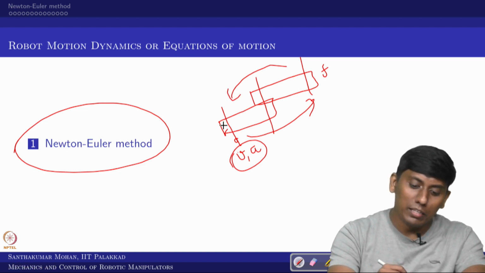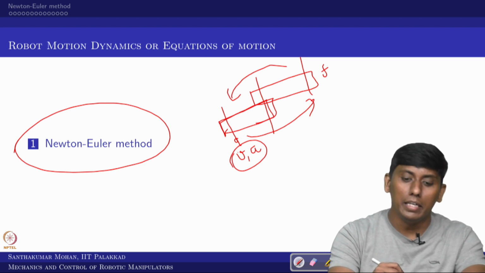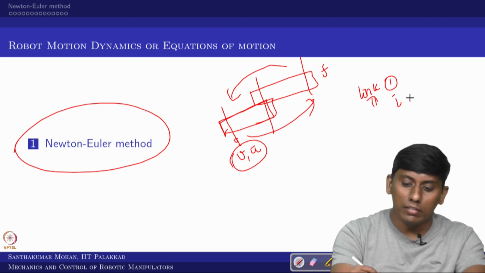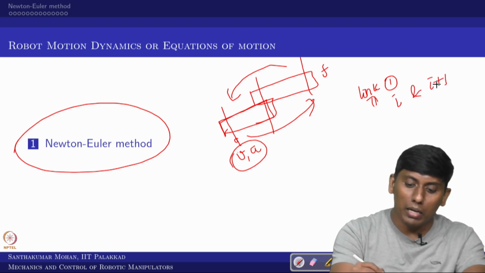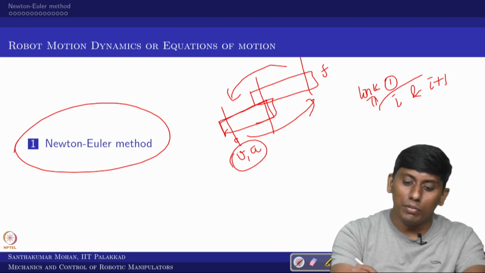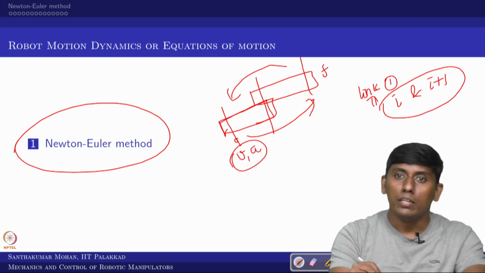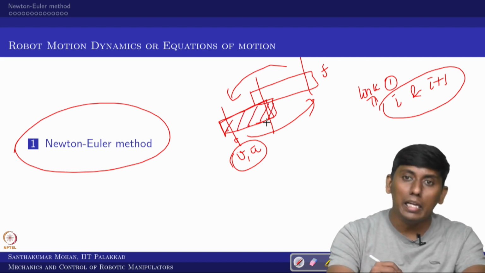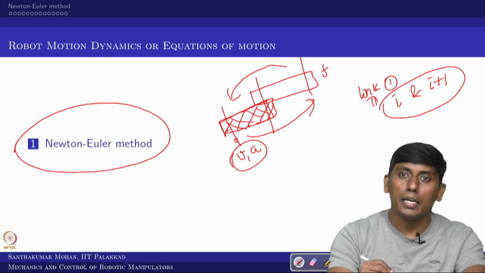While going, you can see that the mass is part of the link. Link i has an i axis and an i plus 1 axis. So we are not talking about the inertia on a joint. Please be clear, the inertial forces are due to the link or the mass pertaining to it.